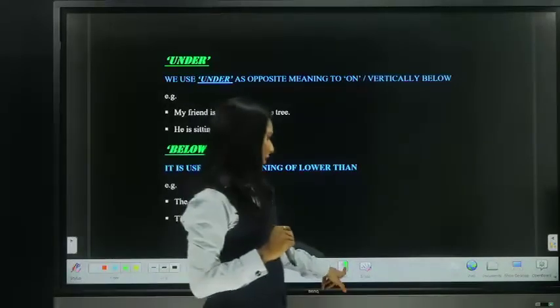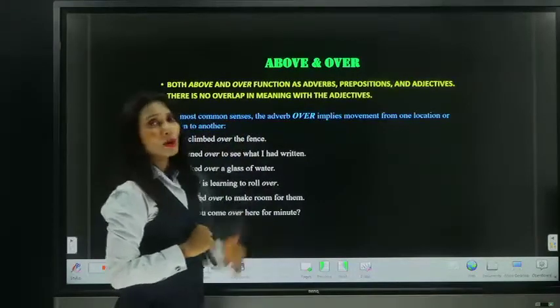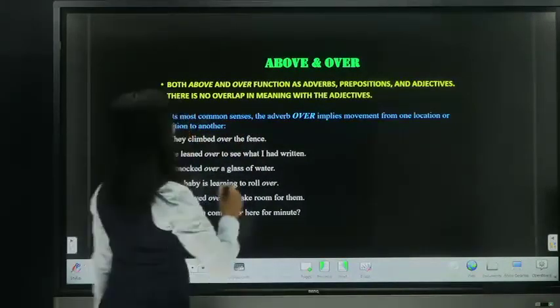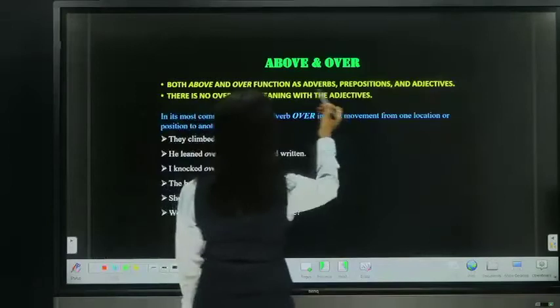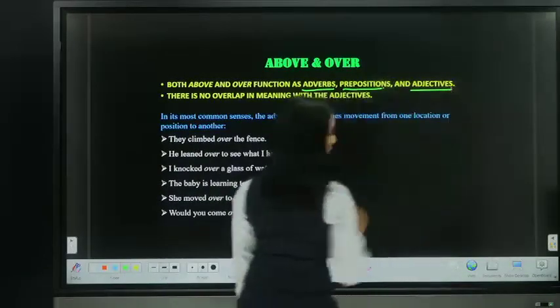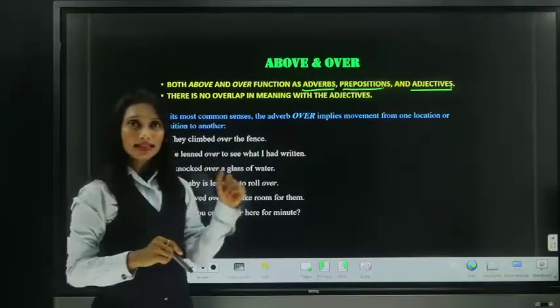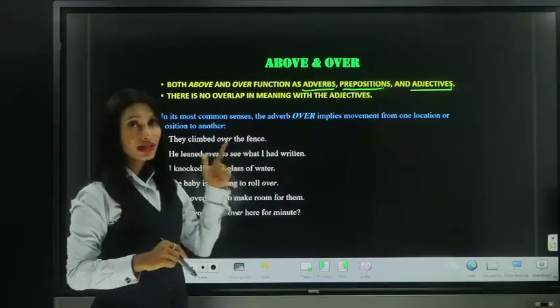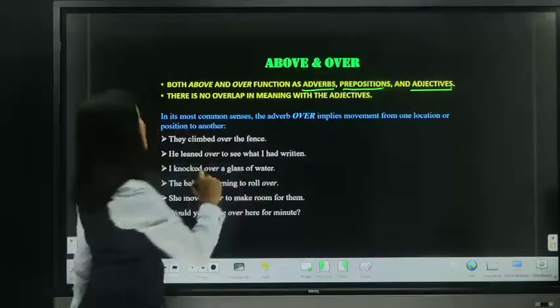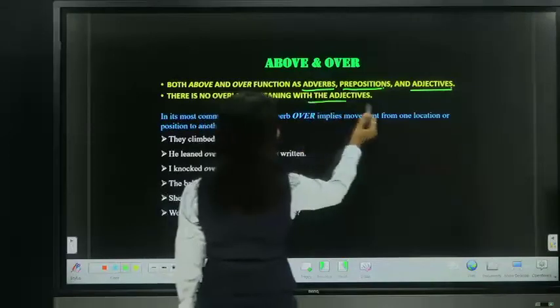Above and over we are going to learn together, because the words above and over act as adverbs, prepositions and adjectives. But remember, there is no overlap in the meaning when they are used as adjectives.